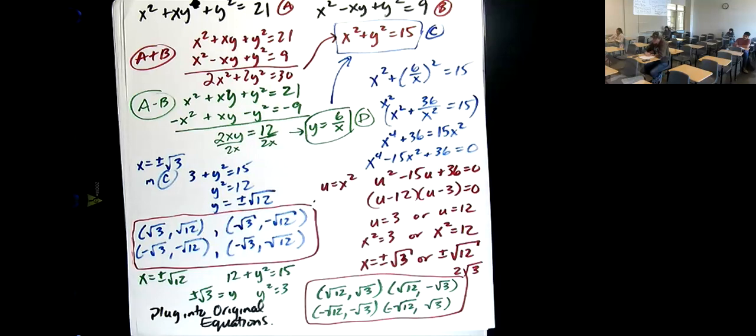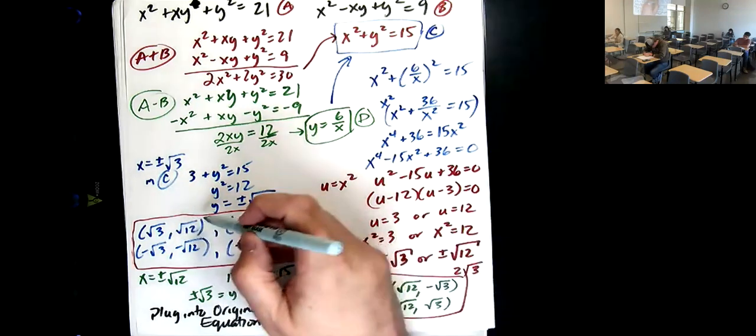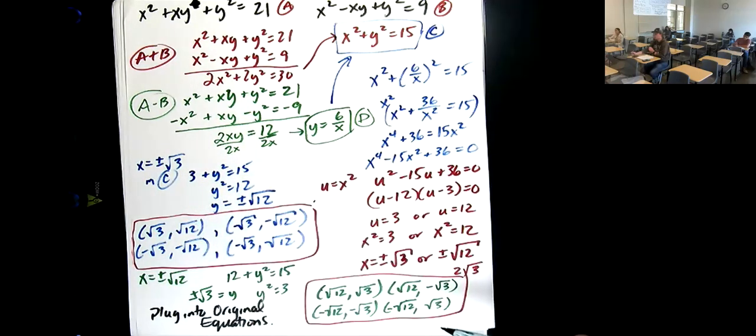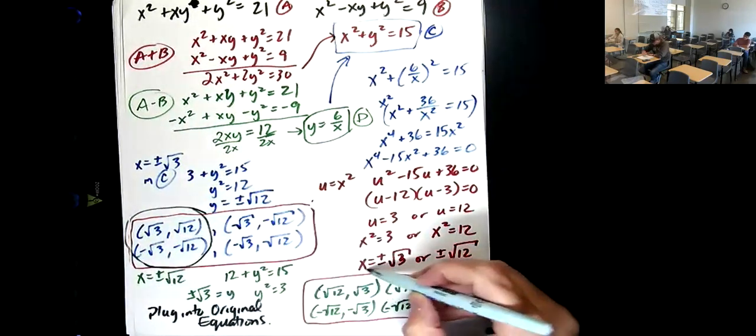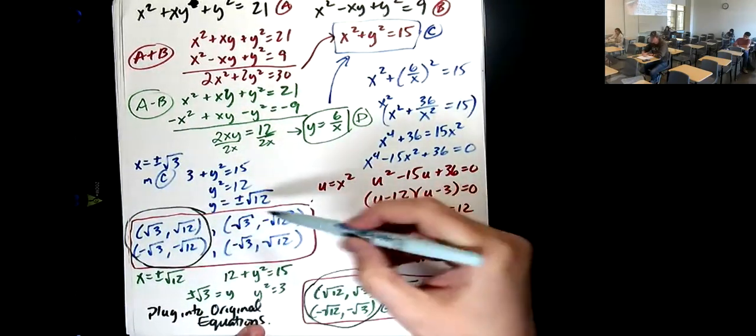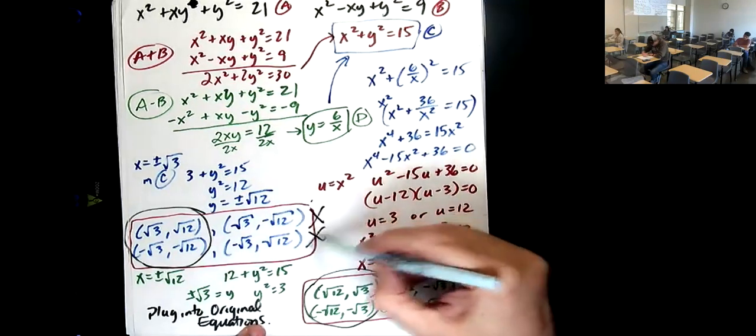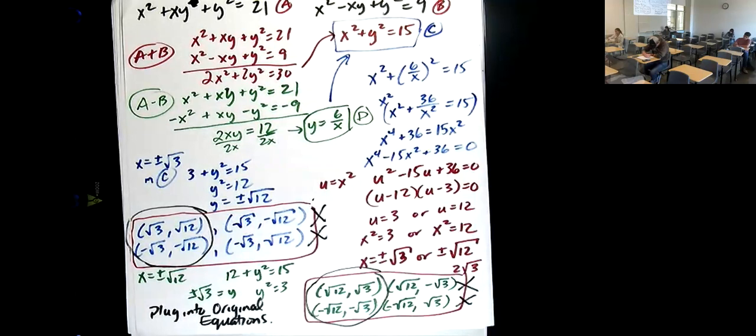I already wrote down which 4. Both positive and both negative worked on both of them. The ones where we had a sign switch don't work. So there's only 4 answers.